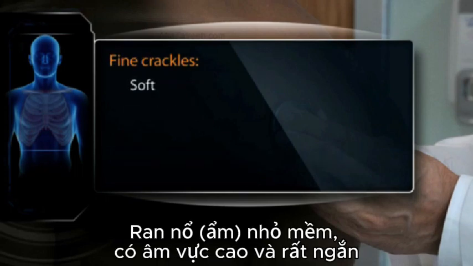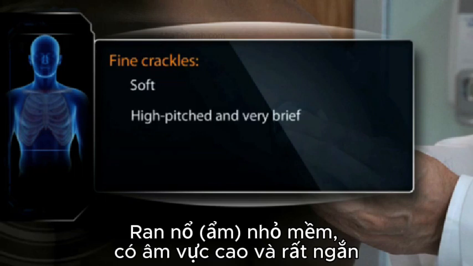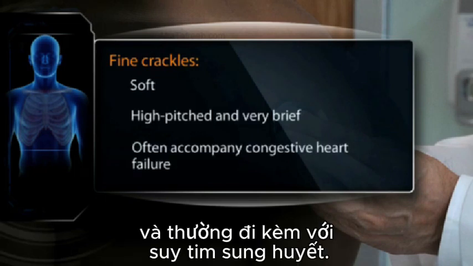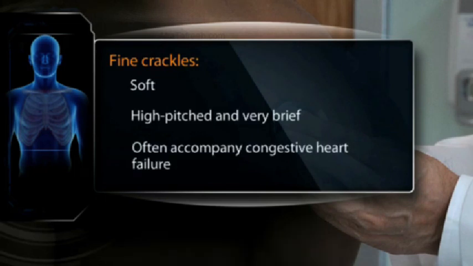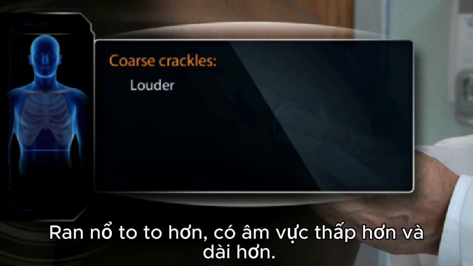Fine crackles are soft, high-pitched, and very brief, and often accompany congestive heart failure. Coarse crackles are louder, lower-pitched, and longer.